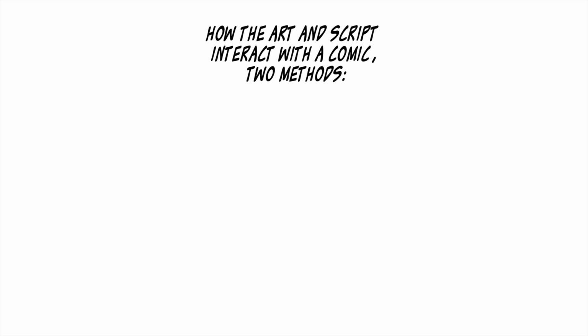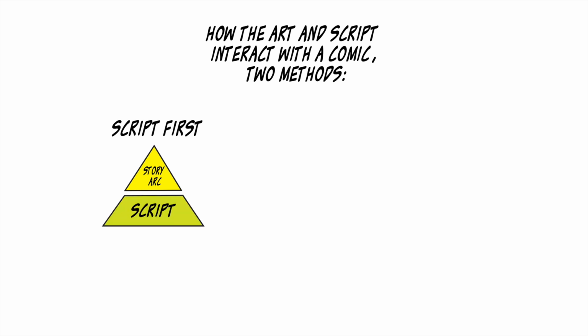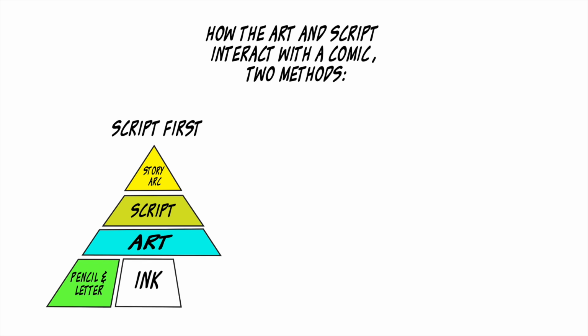We have the first method here where it's the script first, and with that script we have the beginning with the story arc, and then underneath the story arc we have the script itself, of course, and the script then would be dictating the artwork, and in turn the artwork has 3 components, and these 3 components with their 3 subcomponents are the 9 essential things in a comic book that the rest of this tutorial is going to be about.